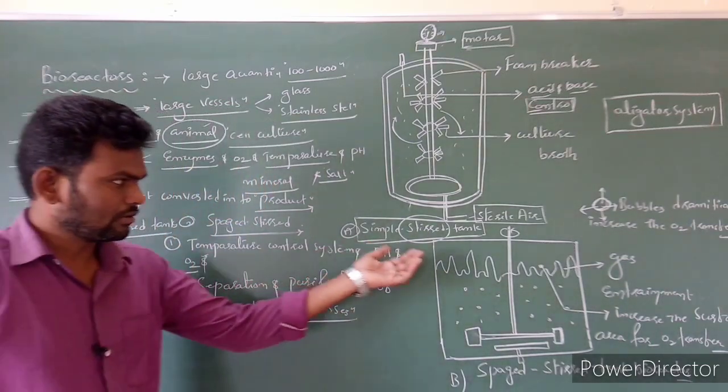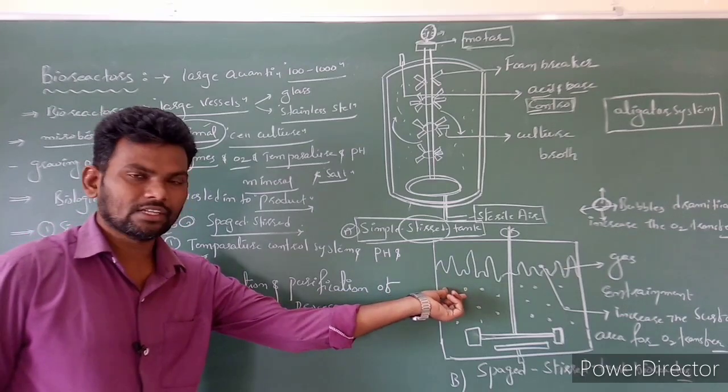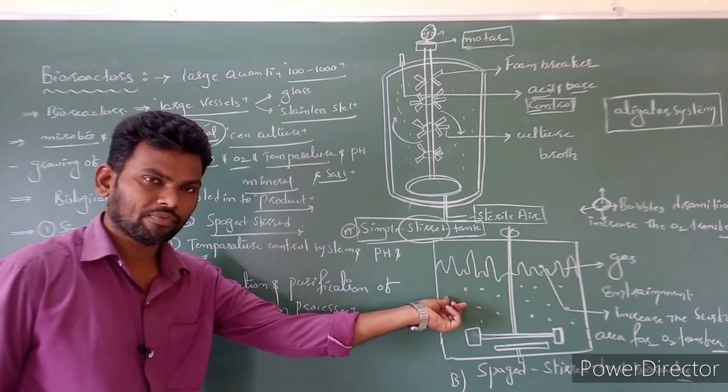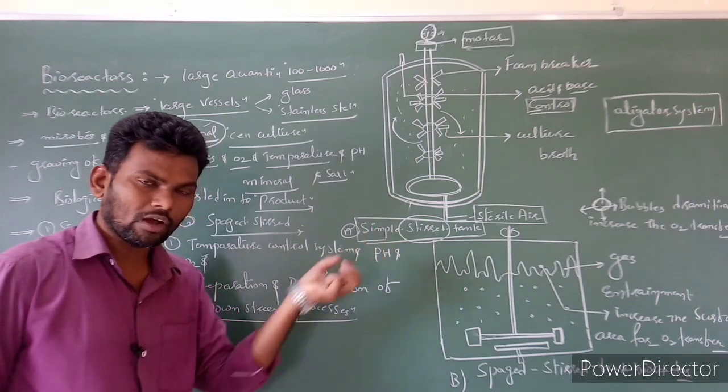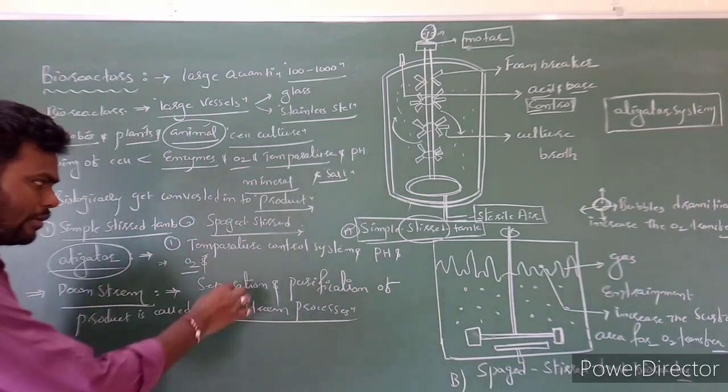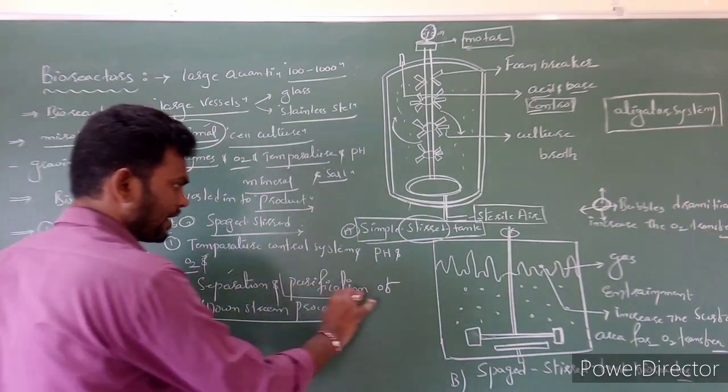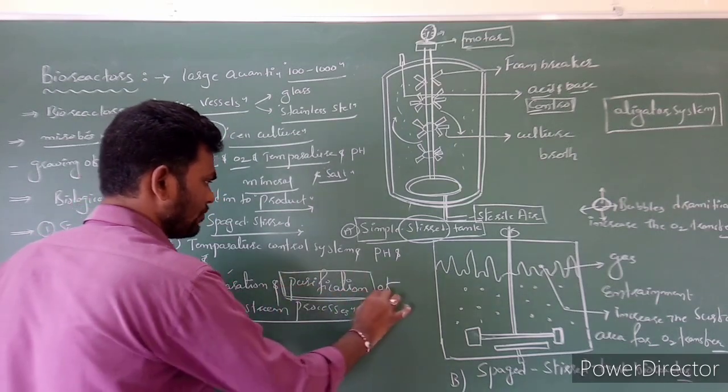For example, after the insulin genes are expressed, we obtain the product. After that we have to separate and purify it. How do we purify it?